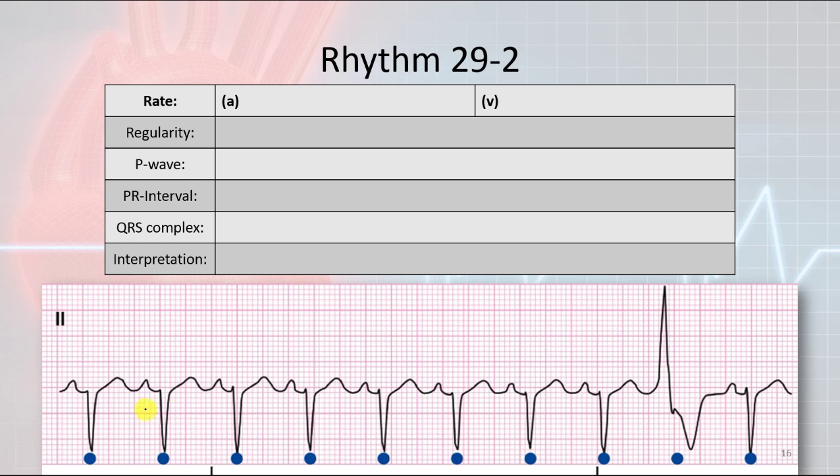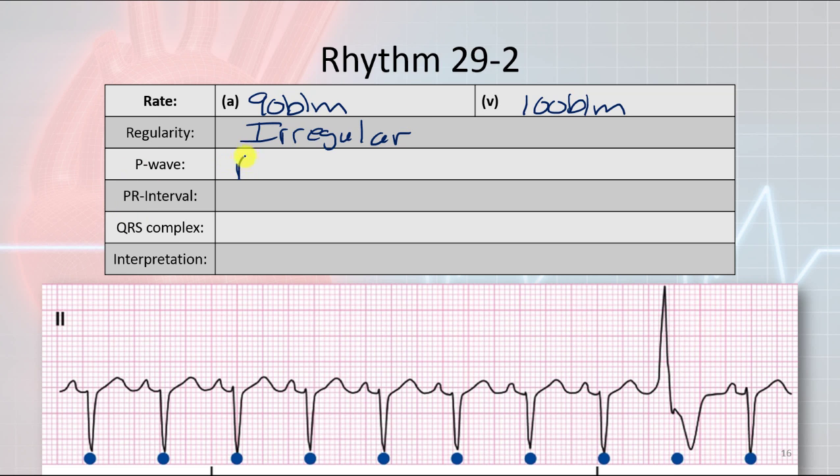On this rhythm, we're going to look at the atrial rate. 1, 2, 3, 4, 5, 6, 7, 8. Looks to be about 90. The ventricular rate: 1, 2, 3, 4, 5, 6, 7, 8, 9. You have to count the PVC, 10. Regularity. It has to be irregular because there's a PVC in there.